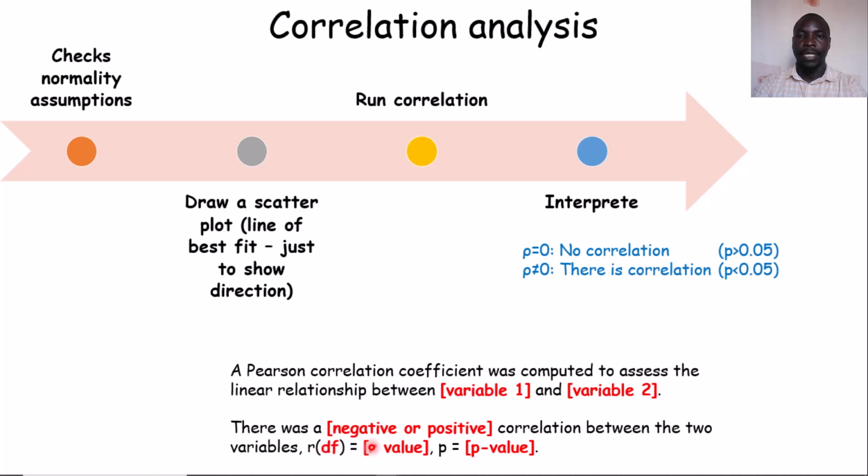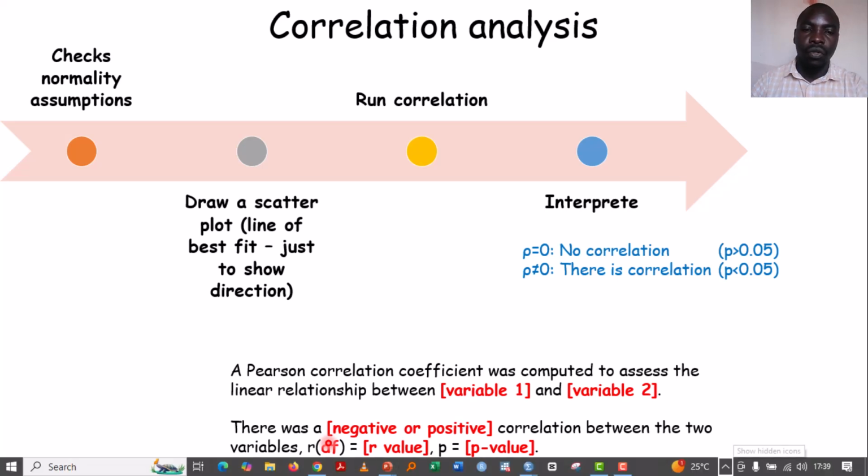Then we put here negative 0.3. Then we have the p-value less than 0.01. Usually, the degrees of freedom are calculated by n minus 2, your sample size minus 2.